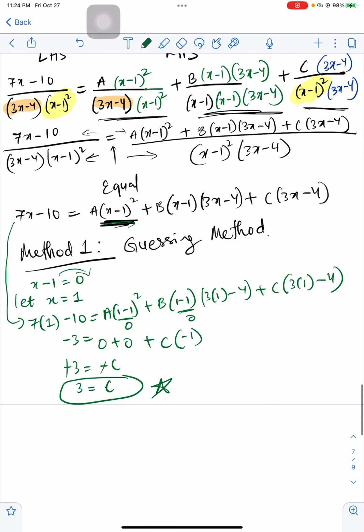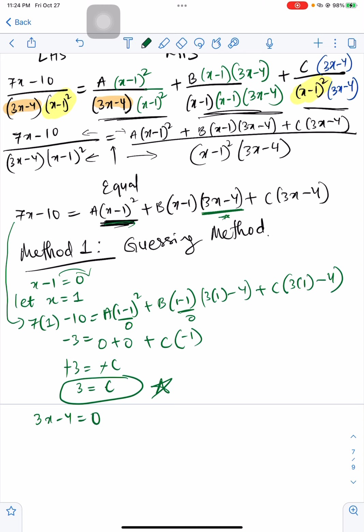Now, if you again want to use the same method one, because you have another bracket, target that. So 3x minus 4 equals 0.